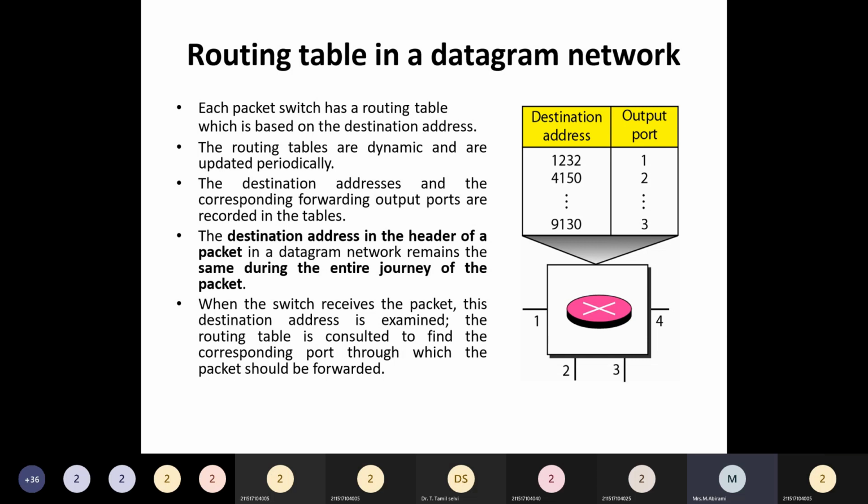The routing table is very important in a datagram network. The routing table is based purely on the destination address. Routing tables are dynamic and are updated periodically.